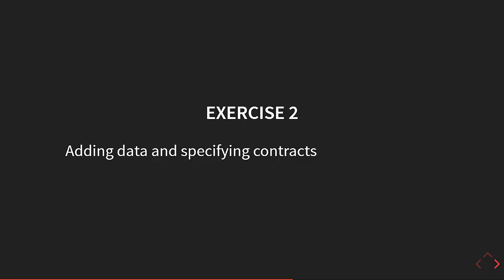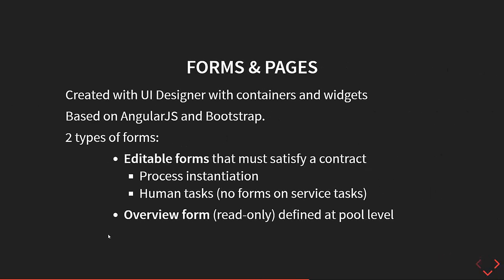Okay, so I will move on to the next part and speak about the user interface. In Bonita, we'll speak about the first kind of user interface. We have what we call forms and what we call pages. Basically, to make the distinction between the two, forms are related and associated directly with a process diagram.